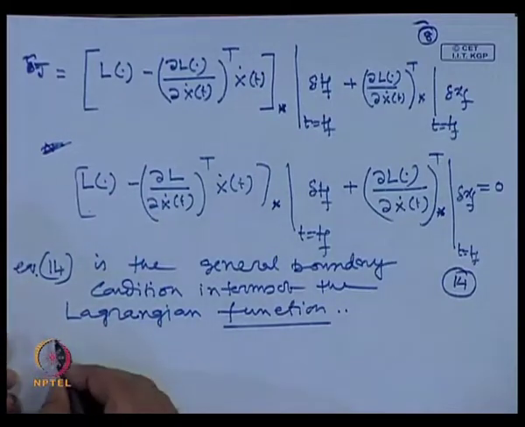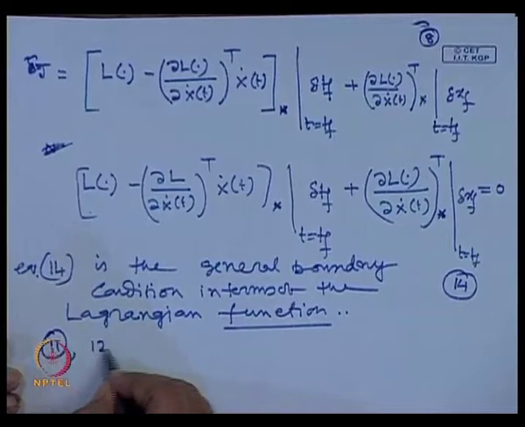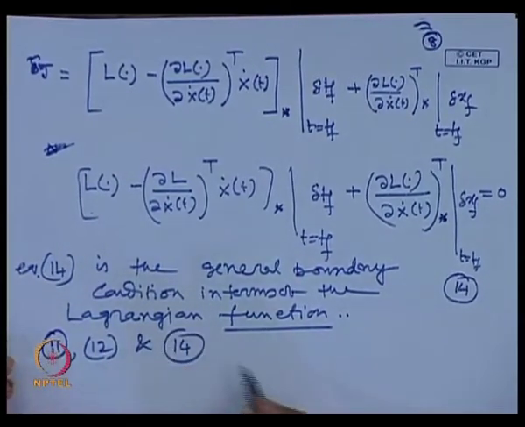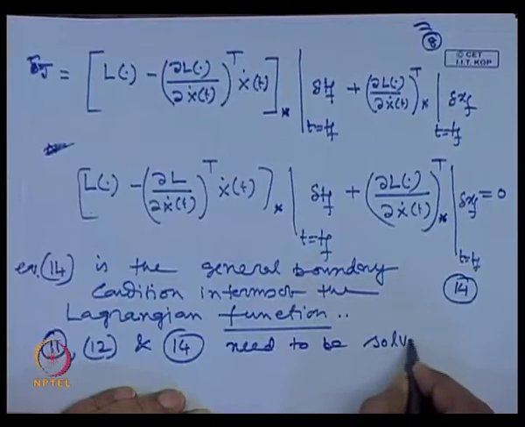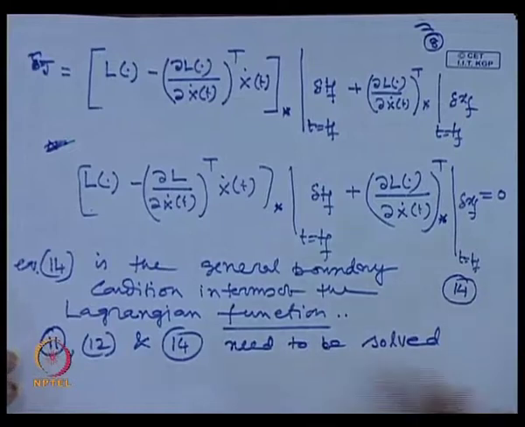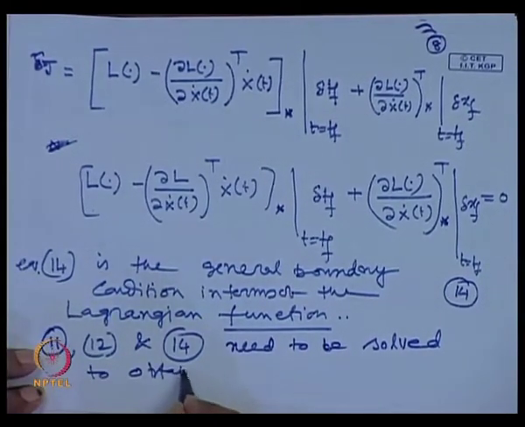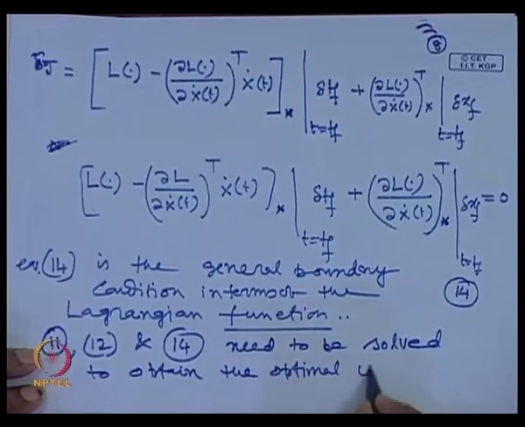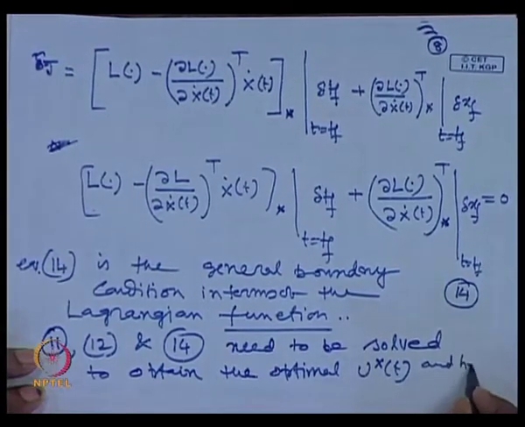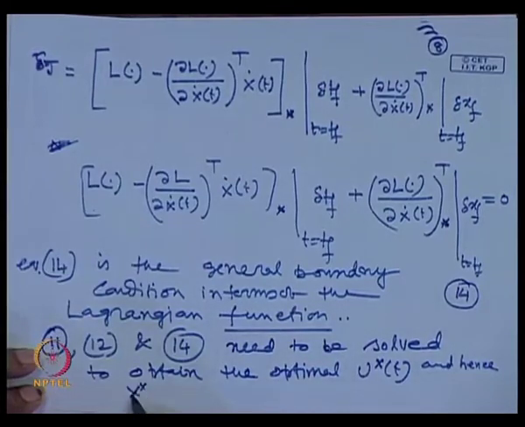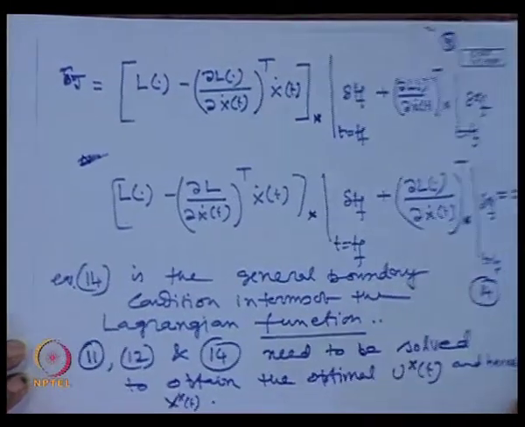So, this indicates equations number 11, 12 and 14 need to be solved to obtain the optimal u star of t and hence x star of t, because u is the independent variable that will drive the state in an optimal trajectory, and hence x star of t. So, this is what we got naturally.